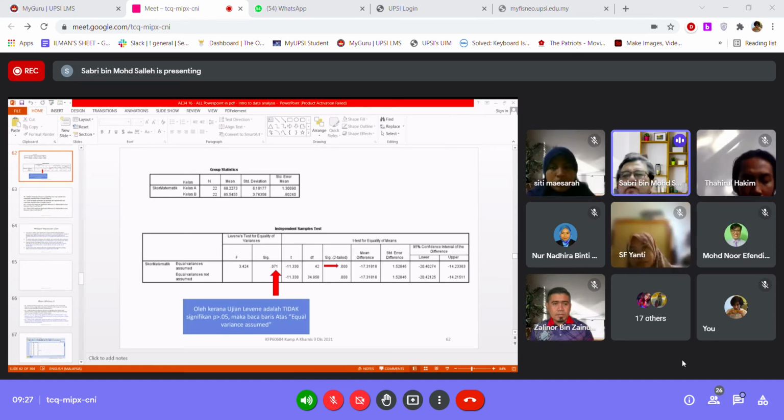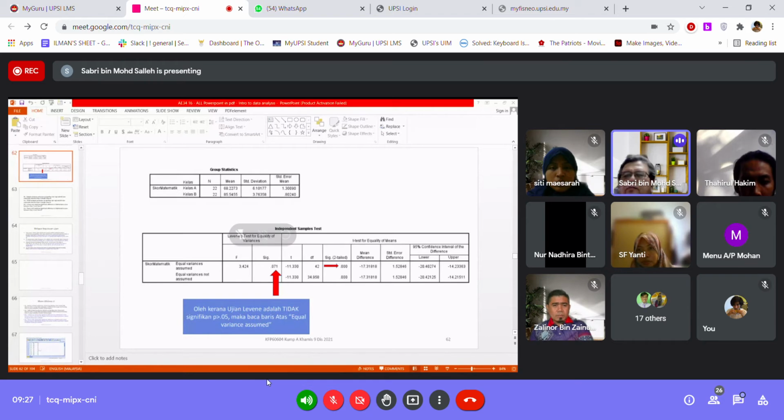So ada two distribution same or not? Are they homogen? Are both thin or are both fat? If they are both thin or both fat, then it is a homogen situation. But if one is fat, one is thin, then it's not homogen. So that's been decided by this number.